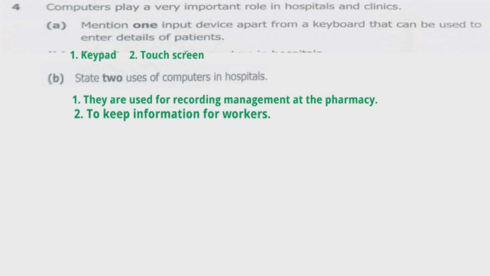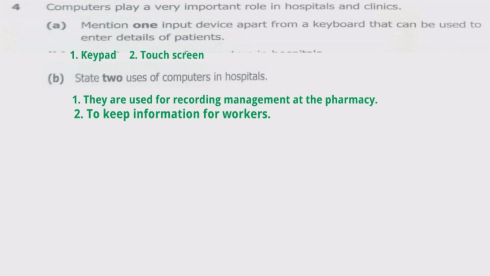Even at the hospital, the information for the workers will be kept. It can be the duty rota, or personal information like the qualifications, the number of children, all sorts of information that concerns the worker.